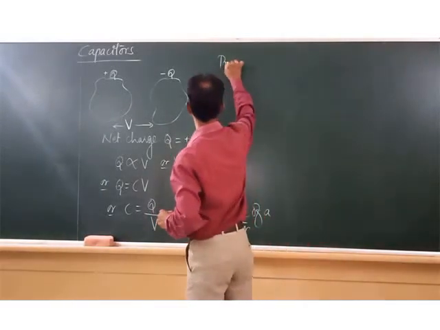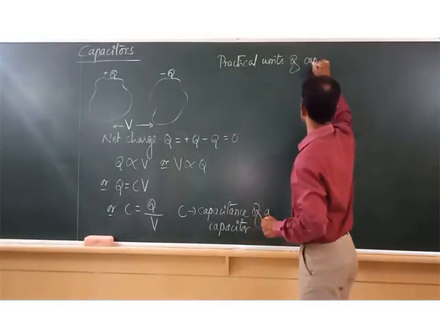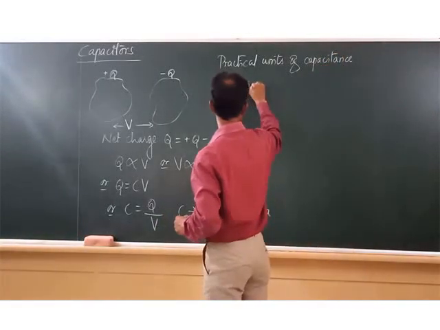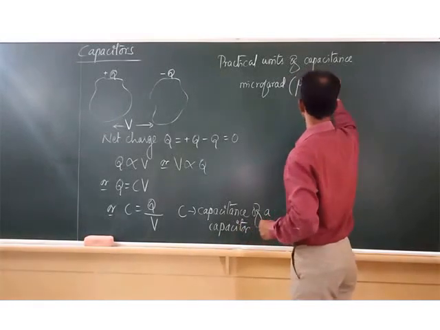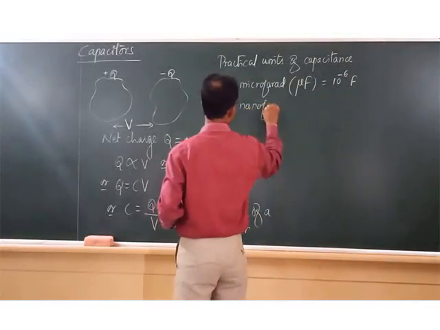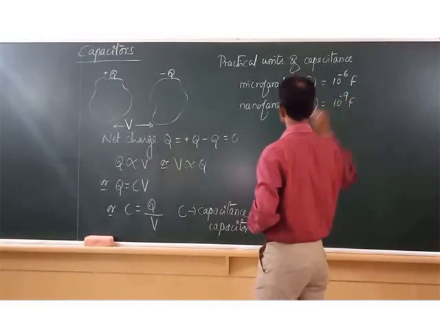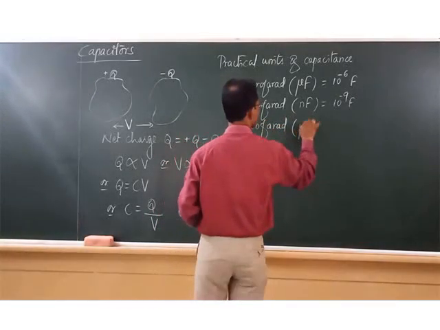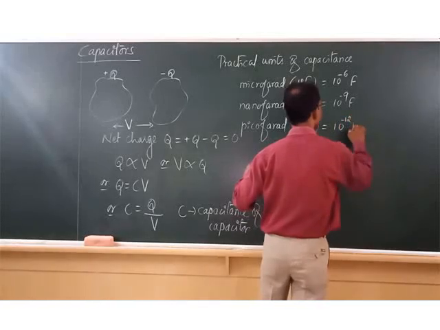The practical units of capacitance or electrical capacity are: microfarad, denoted by mu F, equal to 10 raised to minus 6 farad; nanofarad, nF, equal to 10 raised to minus 9 farad; and the third one is picofarad, which is 10 raised to minus 12 farad.